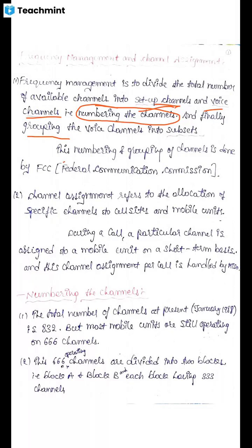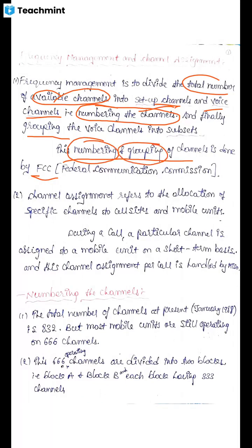This numbering and grouping of channels is done by the FCC, the Federal Communications Commission. So in frequency management, the total number of available channels are managed into numbering and grouping of channels.